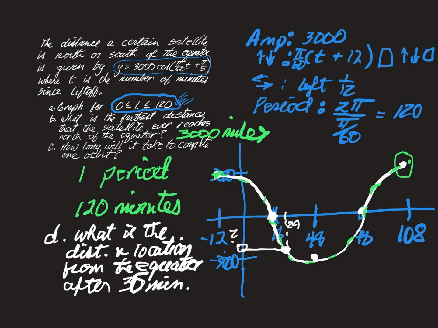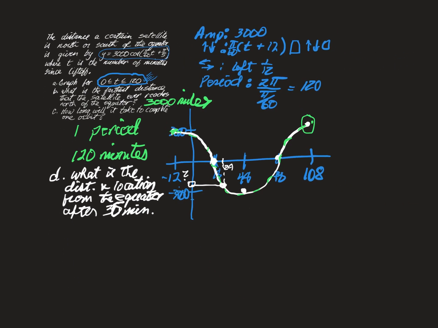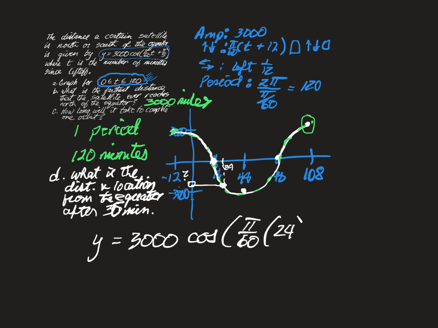But how do we get that number? Well, that means we would plug 24 in for the time. So we would then say y equals 3,000 cosine pi over 60 times 24 plus pi over 5.